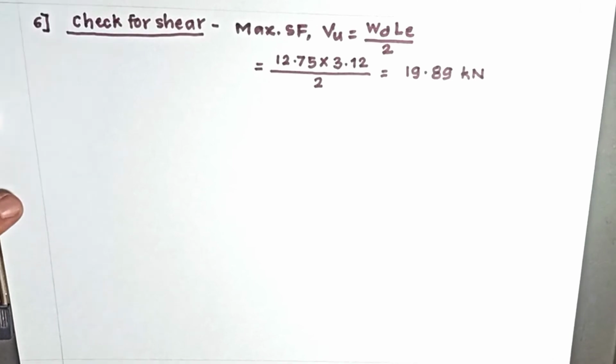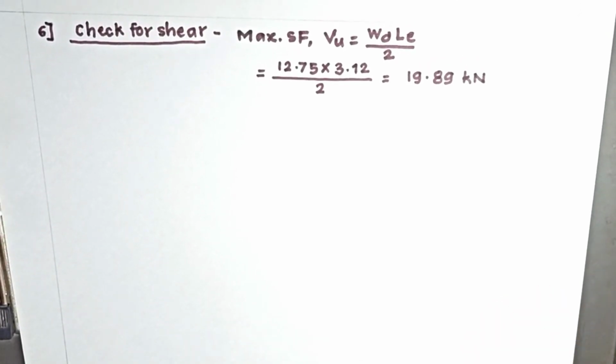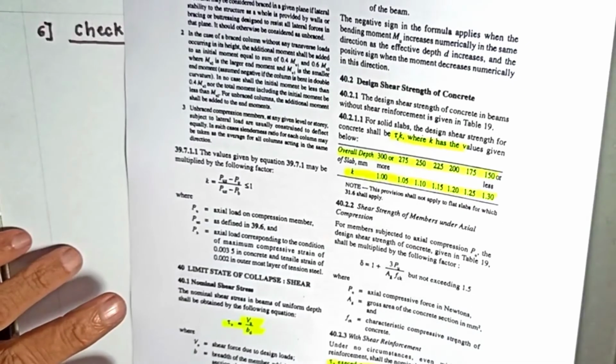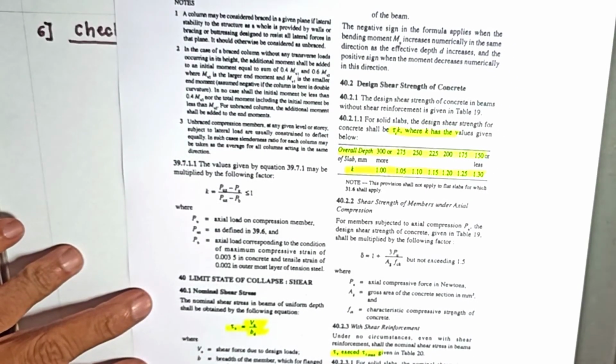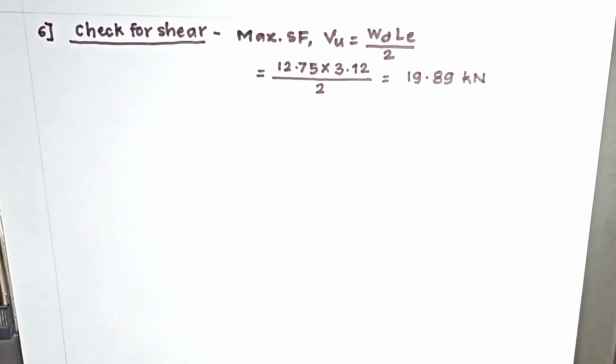Okay, now according to clause 40.1 of IS 456 page 72, nominal shear stress tau V is VU upon B into D, where VU is maximum shear force, B is width and D is effective depth. Okay, so this clause I have shown to you.